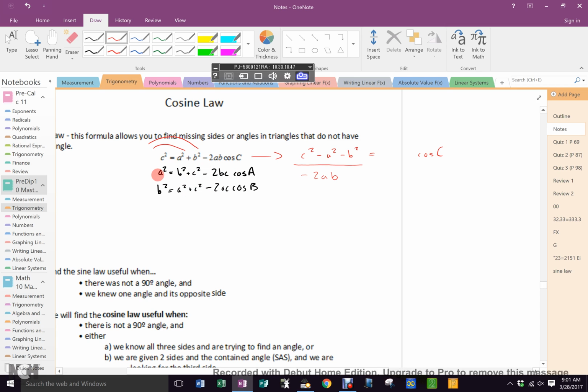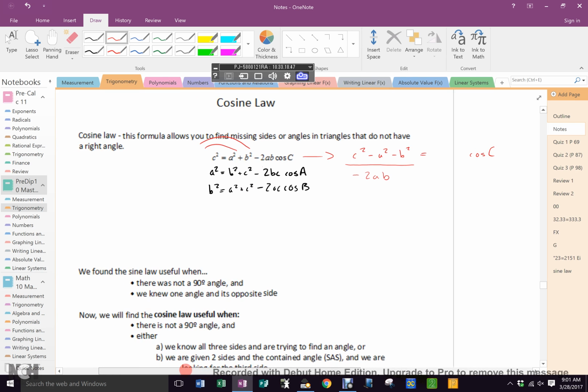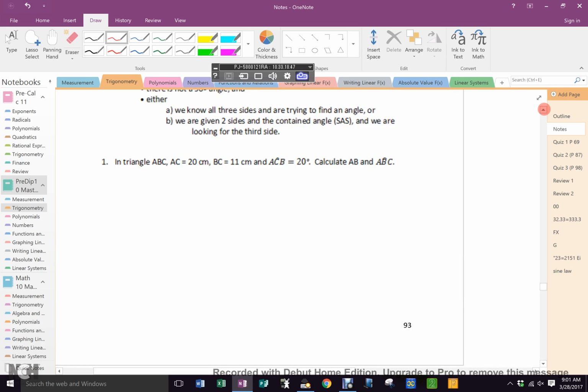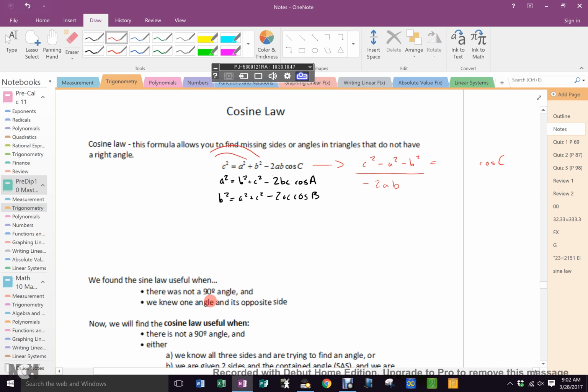This is a squared minus b squared minus c squared. This is b squared minus a squared minus c squared. Everybody cool? It's just algebra. Now let's apply these things. Sine law we already talked about.